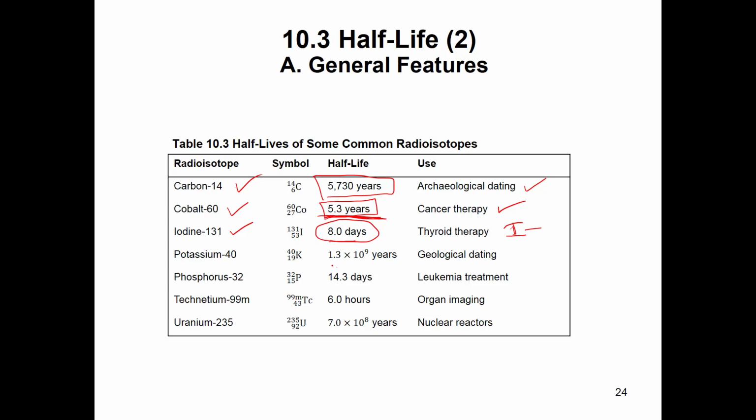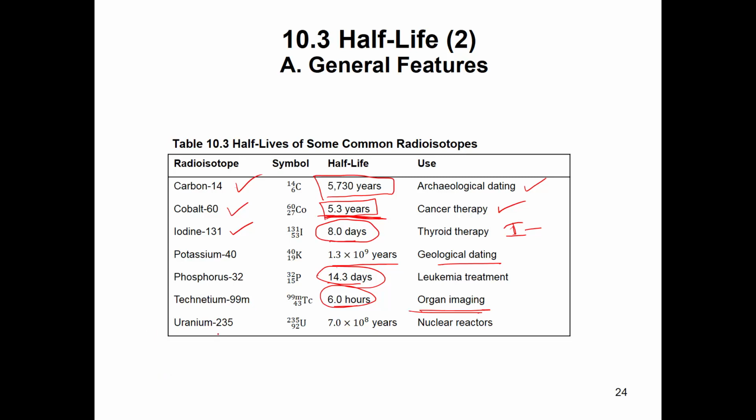Potassium-40 has a long half-life, and you can use that for geological dating. Phosphorus is used for leukemia treatment; again, you typically want a short half-life if you're using that on people. Technetium is 6 hours. That's the one that's only giving off that gamma ray, if you recall.